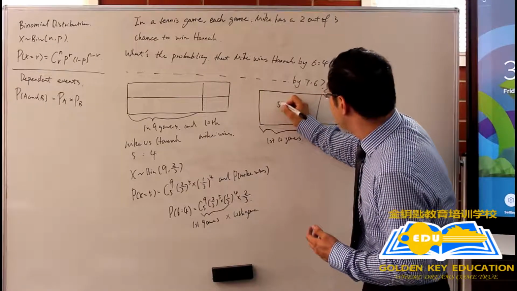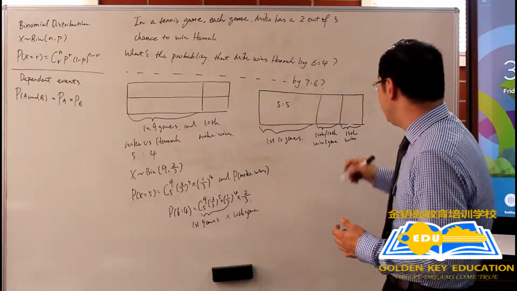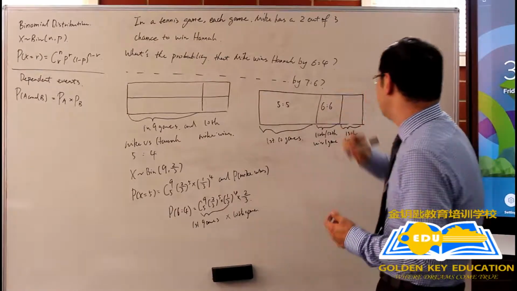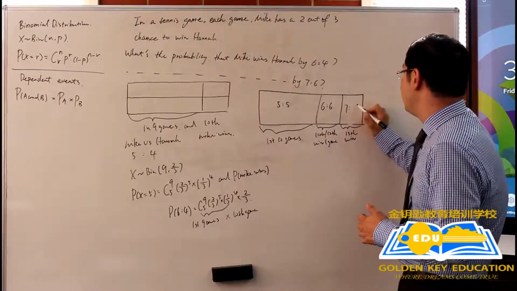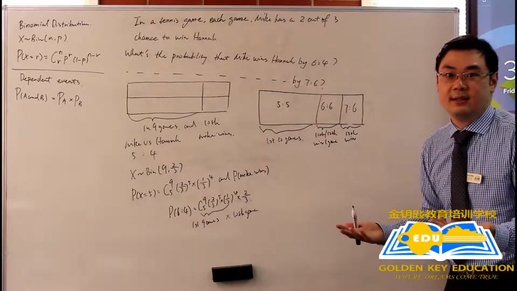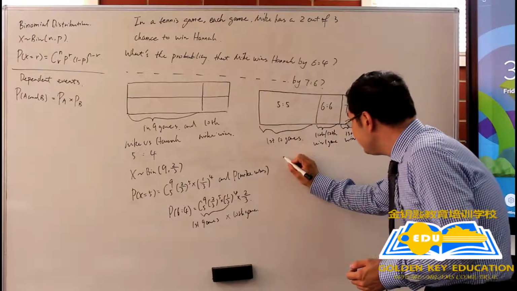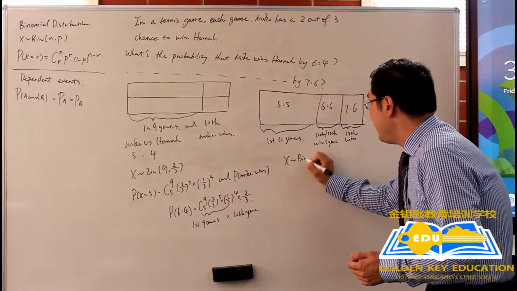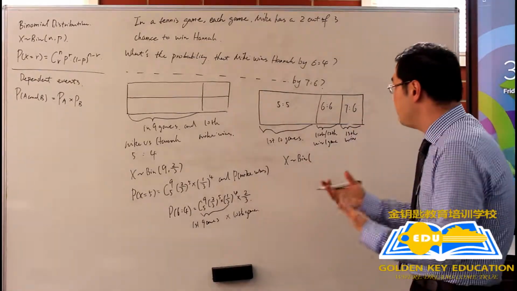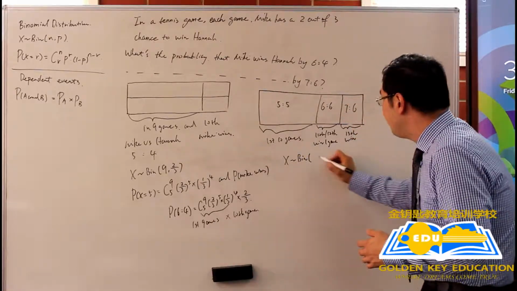So that this will give you 7 against 6. In the first 10 games, it's 5 against 5. The 11th and 12th games make it 6 against 6. And lastly, it's 7 against 6. So how are we supposed to find the probability? Using the same principle, x represents the number of games I'm winning, looking at the first 10 games.